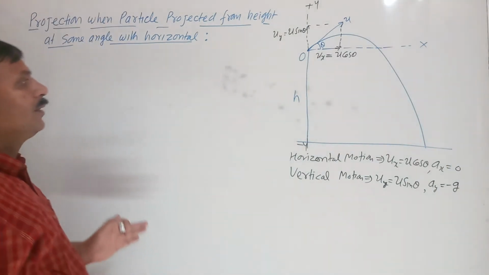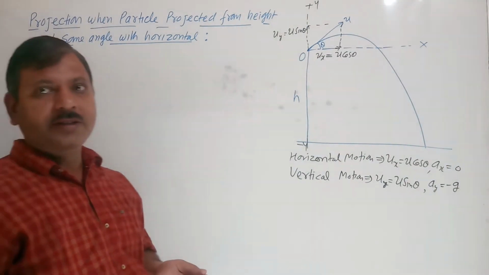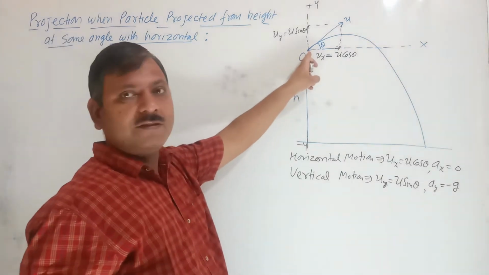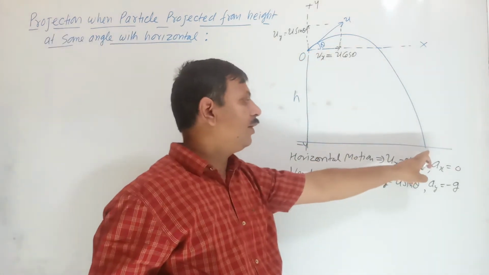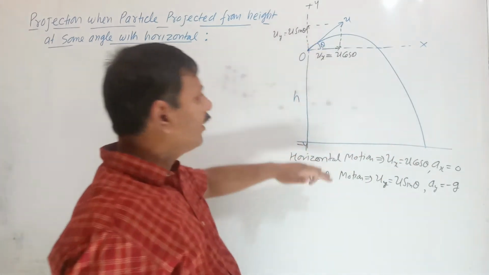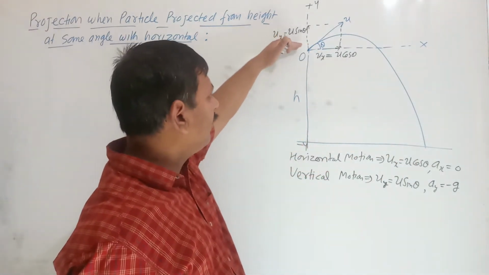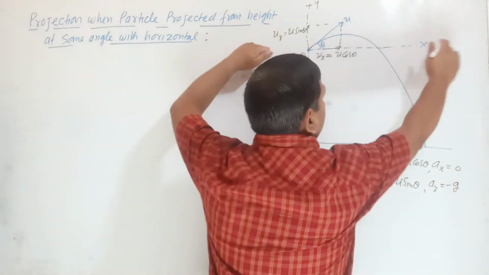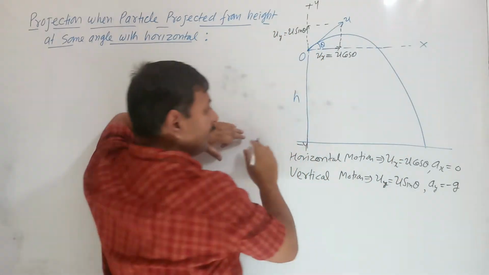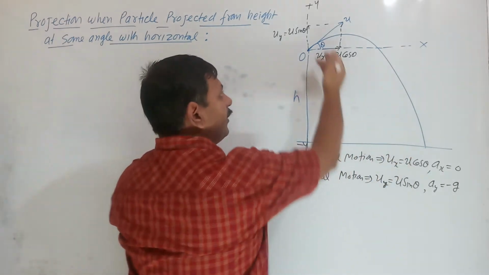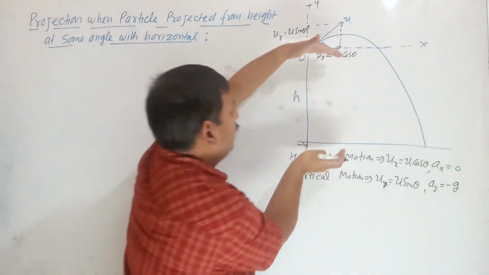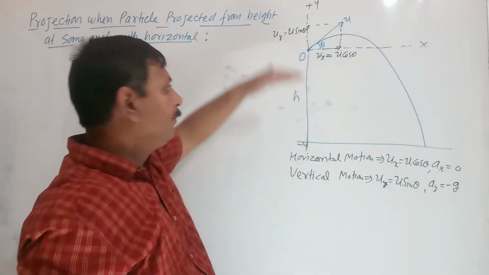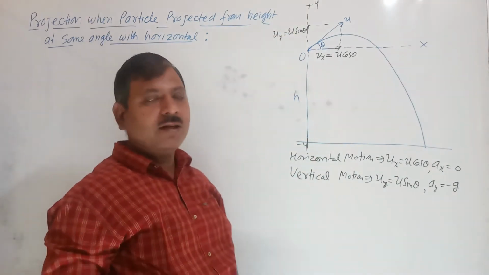For time of flight, this is the initial position and this is where it will touch the ground. So what will be the vertical displacement? The vertical displacement from origin is h. This is the horizontal plane at O, and this is the ground. This vertical displacement is downward, so you have to take it as negative.